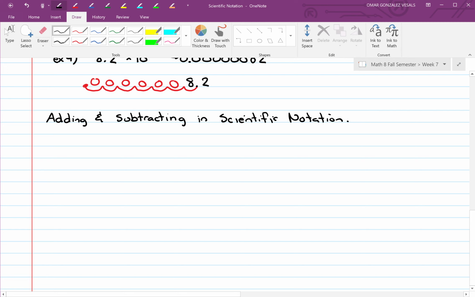So there's two types of adding and subtracting in scientific notation. The first type, so I'll put type 1, is when you have the same exponents. And that's the one we're going to focus on today.